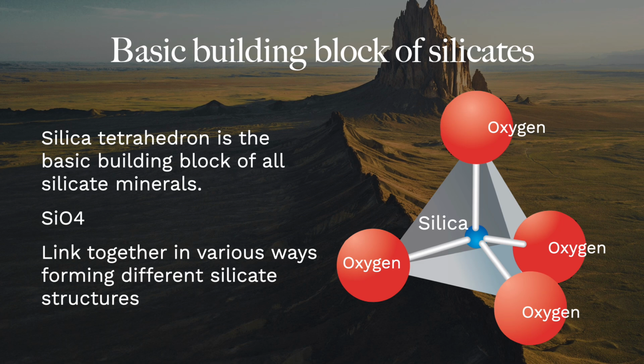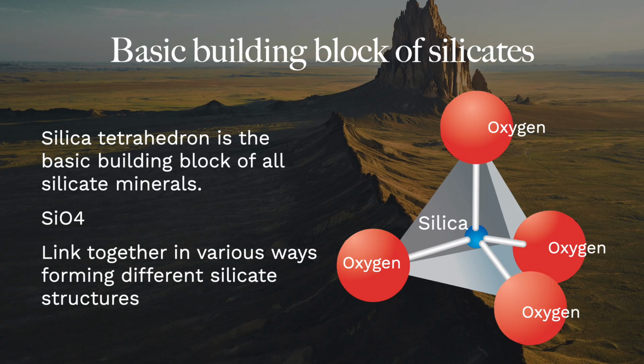So again, our silicate minerals are this giant class that has SiO4, one silicon and four oxygen atoms bound together in this tetrahedron, this three-sided pyramid. And how all of these different pyramids are put together and linked in the geometry of those connections gives us so many different forms of silicate structures and different types of minerals.